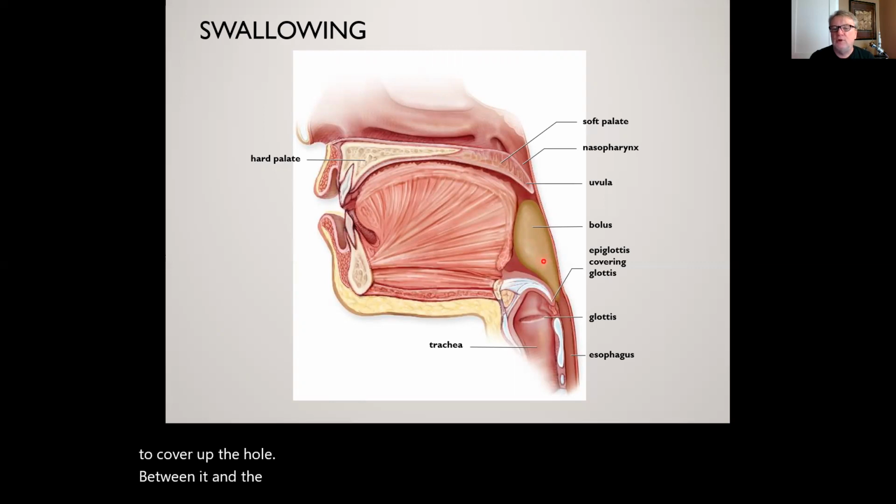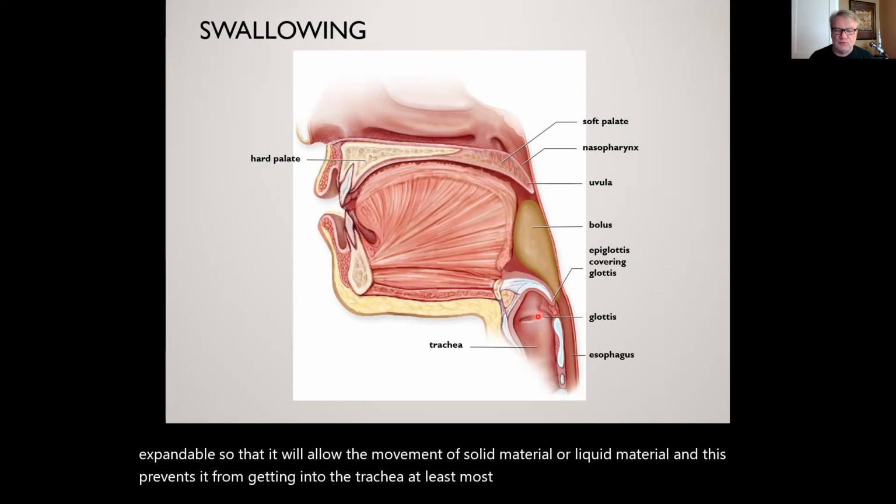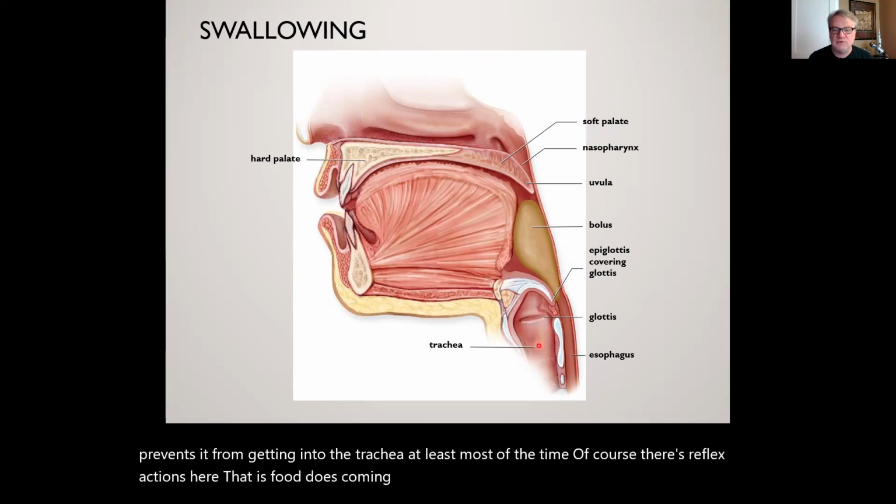So the food will slide down the esophagus, and the esophagus is expandable so that it will allow the movement of solid material or liquid material, and this prevents it from getting into the trachea, at least most of the time. Of course, there are reflex actions here that if food does come into the trachea, it triggers a cough so that it is removed.